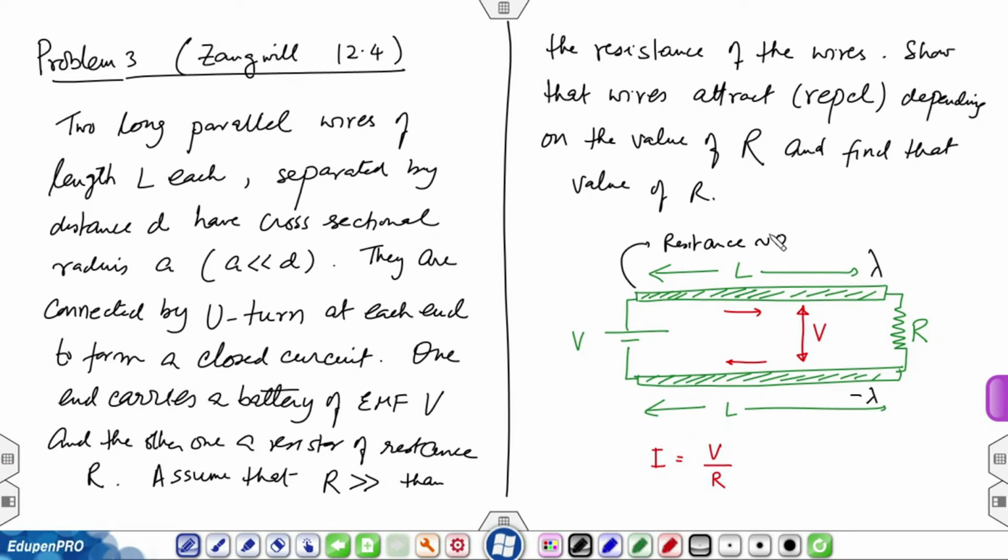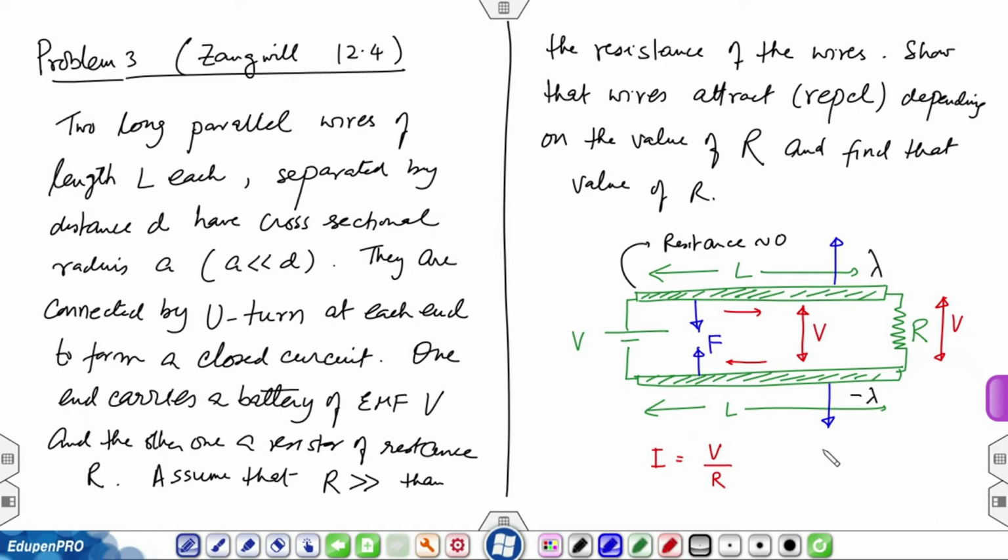All the potential difference is across this resistance V. So, because of this lambda, there is going to be attractive force between the wires, and they carry current in the opposite direction. So, there is going to be a repulsive force because of the magnetic field, and the two forces are going to compete.